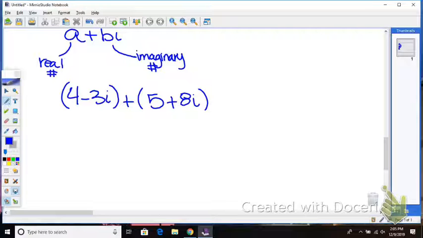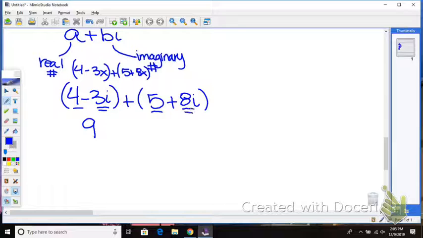If I had 4 minus 3x plus 5 plus 8x, you would tell me to drop the parentheses and combine like terms: put the 4 and the 5 together and the negative 3x and the 8x together. That's exactly what you're doing here, just using the i. I don't need the parentheses because it's plus, so 4 plus 5 is 9, and negative 3i plus 8i is plus 5i. And that's your answer.